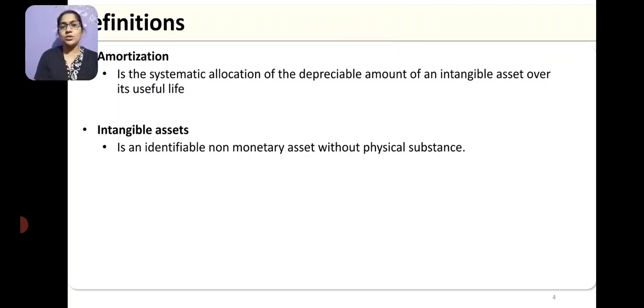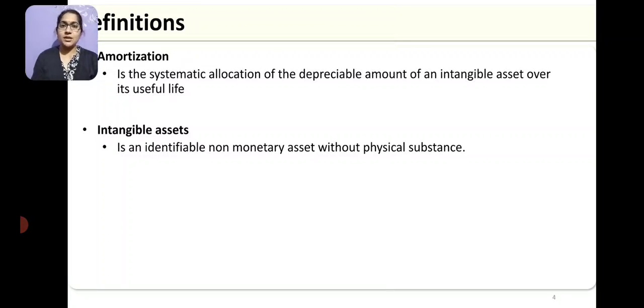Here we will be using two important terms in this entire video. First one is amortization. Amortization is similar to depreciation. You all might have come across the term depreciation. Depreciation is basically reduction in the value of the asset over its useful life, or spreading the cost of the asset over its useful life by following any method.